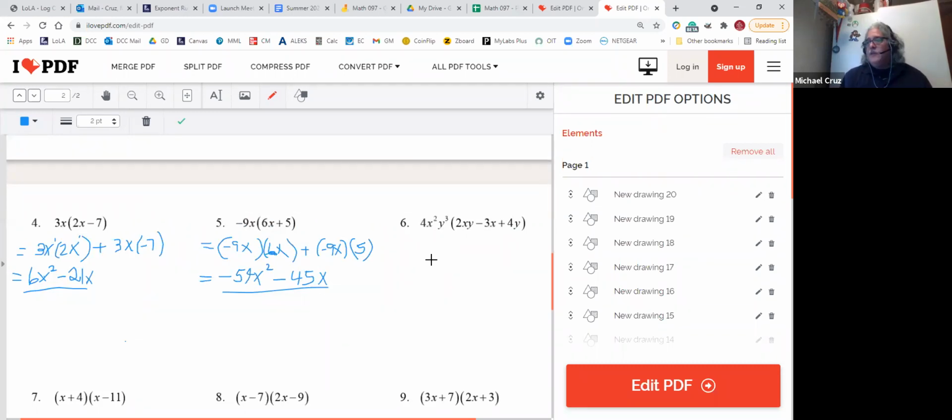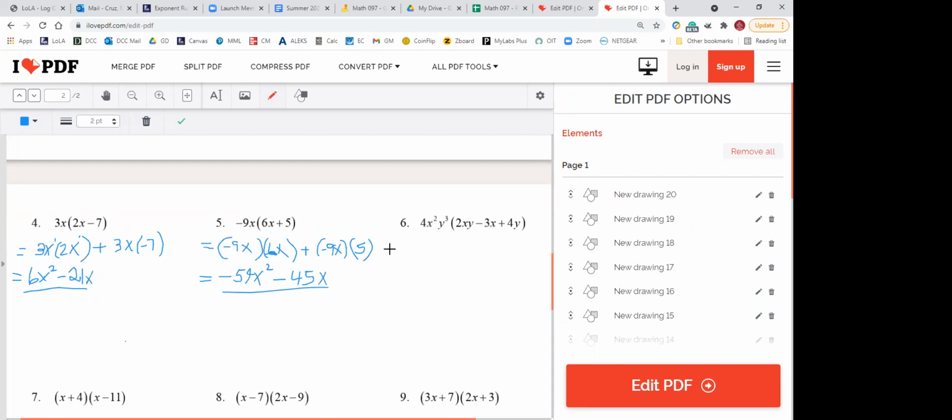If you want to, you can go on to number 7 through. All right, so that's all multiplying this one.